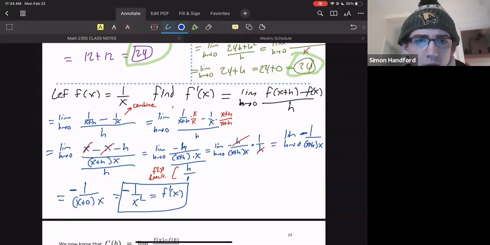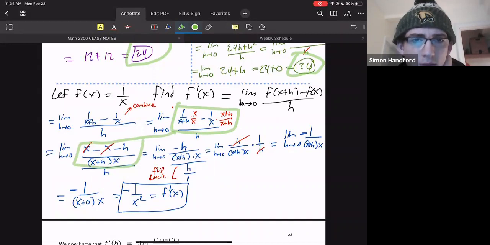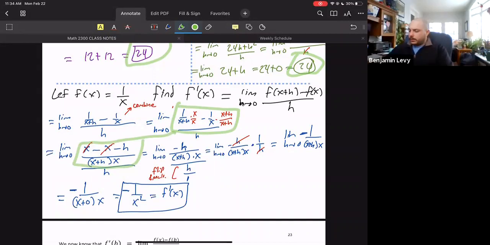So how did you go from the second one on the top there, where you're multiplying 1 over x plus h times x over x, and the other one to that one over there? So you multiply the tops, right?